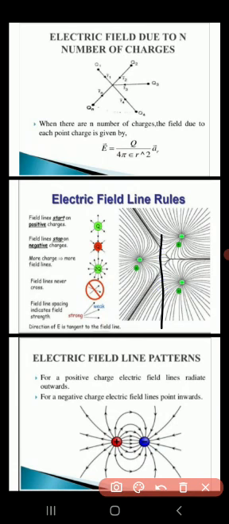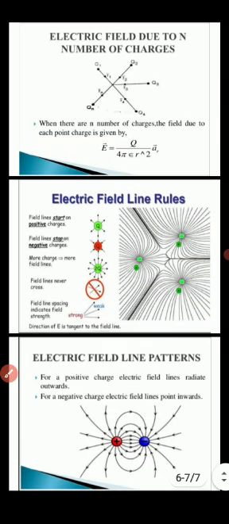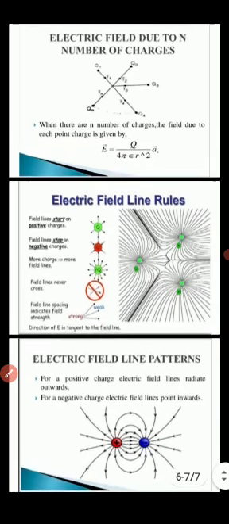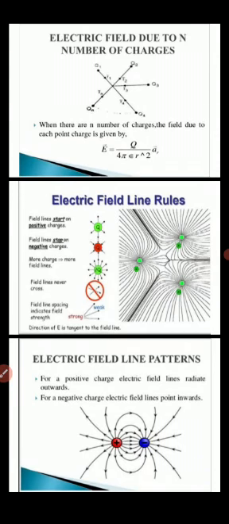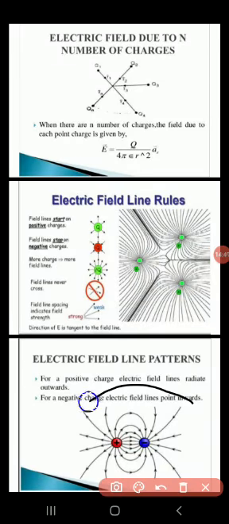So, if the two interacting charges are different in nature, meaning one is positive and another is negative, then electric field lines are just like this.